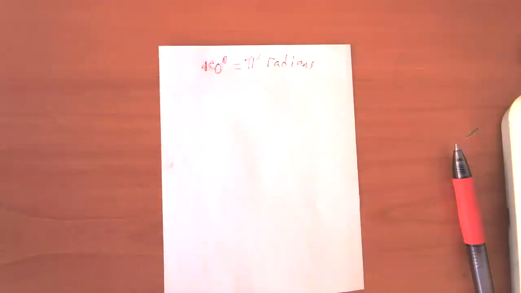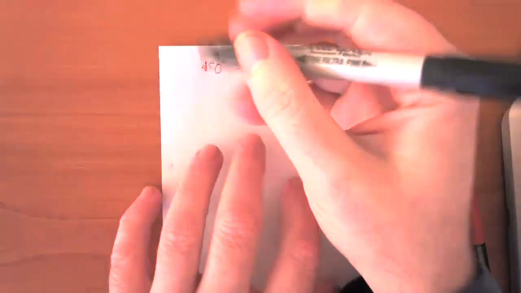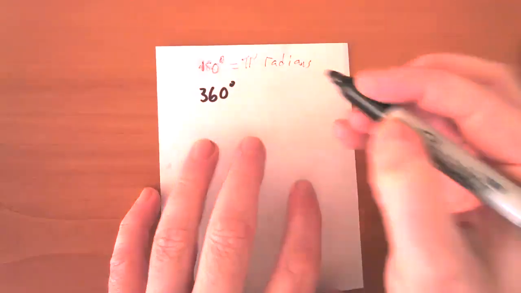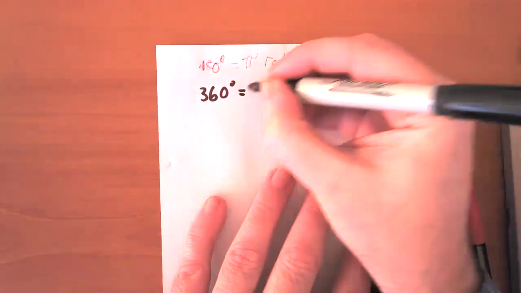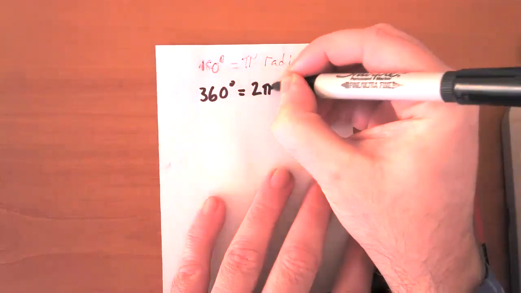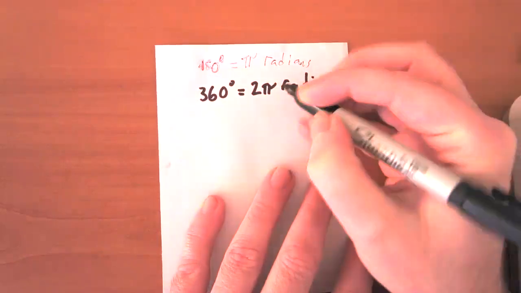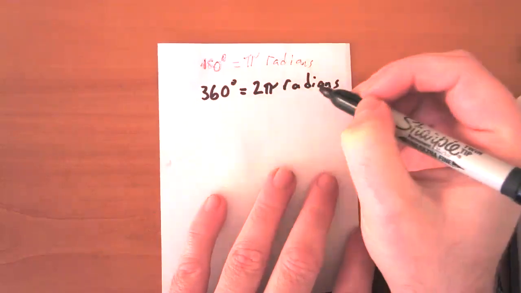Or if you want to think about it in a different way, if you have trouble memorizing that, you could think that 360 degrees, which is the full number of degrees around a circle, is equal to 2 pi radians, which is the circumference of a circle with a radius of 1.